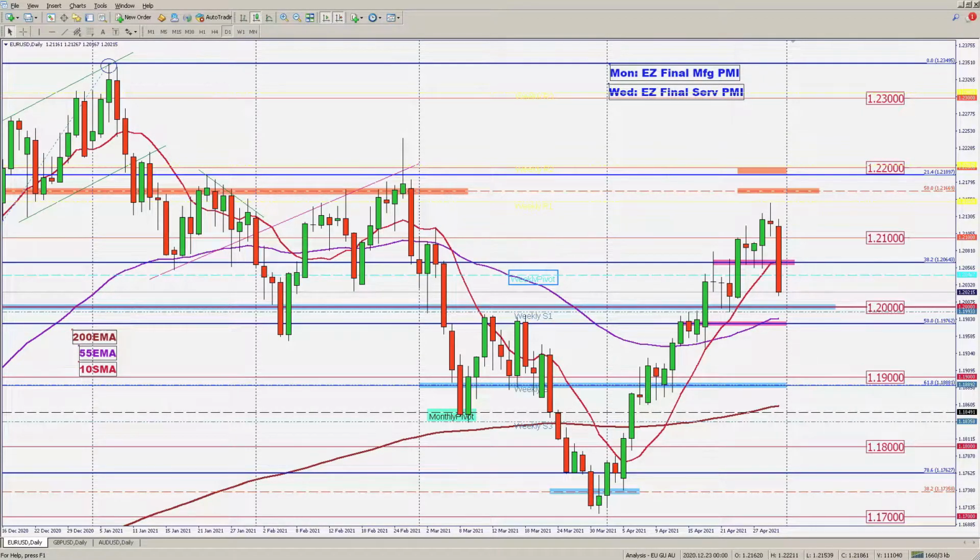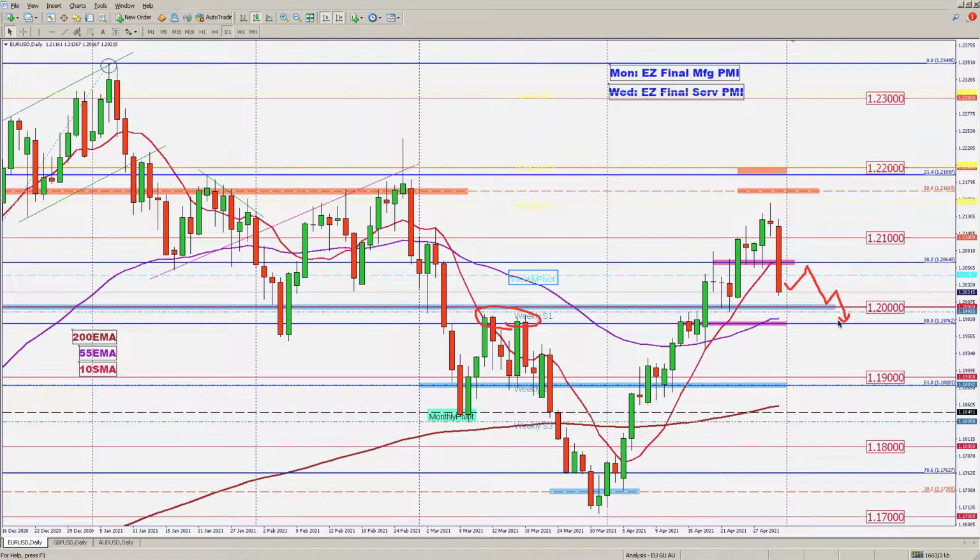Could be some bearish momentum for the start of next week. Initial support is at 120, and if that breaks, then there's this interim support at the 50 pip area at 119.76.